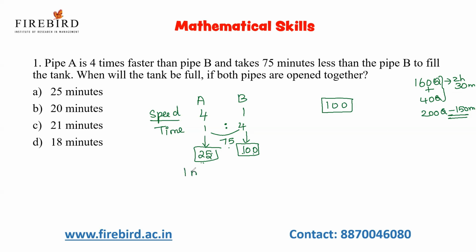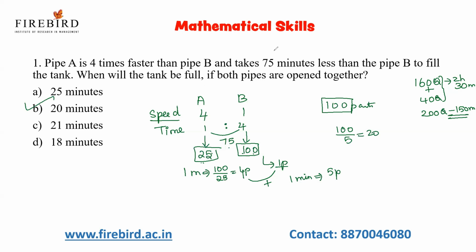Then in 1 minute, it will complete 100 by 25, that is 4 parts of the work. And in case of pipe B, only 1 part of the work will be completed. If pipe A and pipe B work together, in 1 minute they complete 5 parts of the work. In total, there are 100 parts of the work. So 100 by 5, they will take 20 minutes to complete the work.